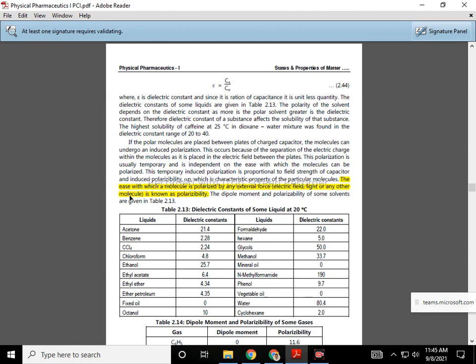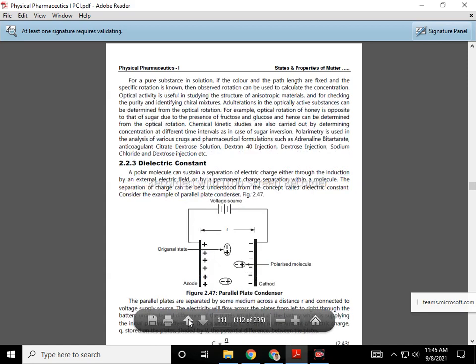Keep in mind, all these factors are responsible for induced polarization in a non-polar molecule. I hope everyone is understanding this very clearly. If you have any doubt, just let me know so that I can go ahead.